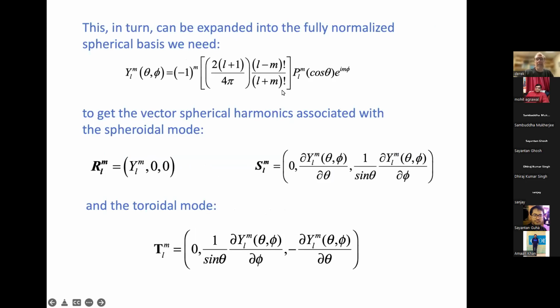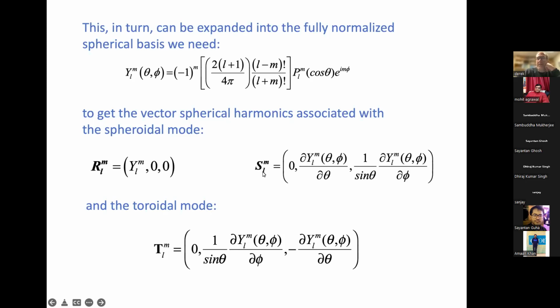And then the vector spherical harmonics associated with the spheroidal mode are R sub L sup M equals Y sub L sup M, comma 0, comma 0. This is the radial component. The 0 is the colatitudinal component, the theta component, and the third 0 is the phi component.